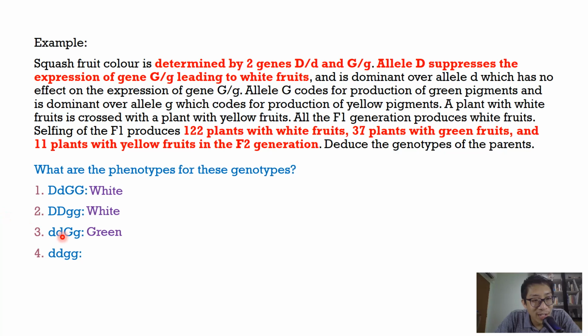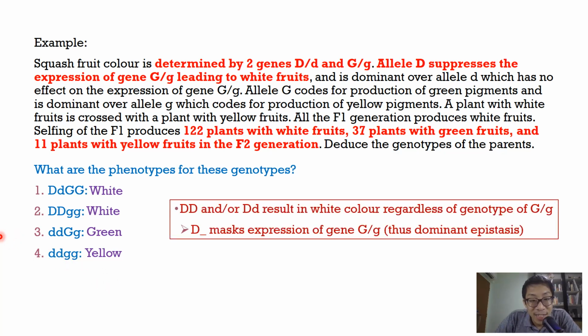For the recessive dd, now gene G can be expressed. So the dominant G gives you the green pigment and therefore green color. And the last one, recessive gg gives you the yellow color, which is expressed due to the small d genotype, so there's no masking.